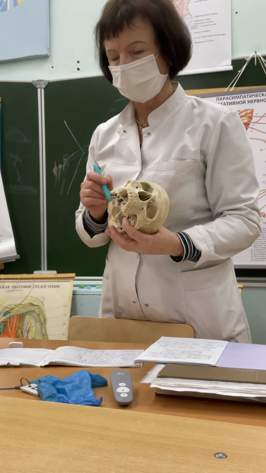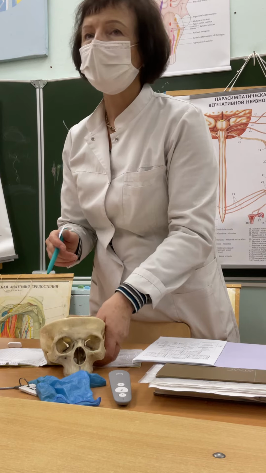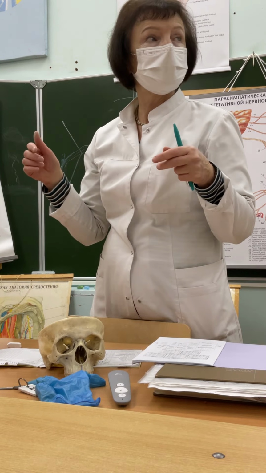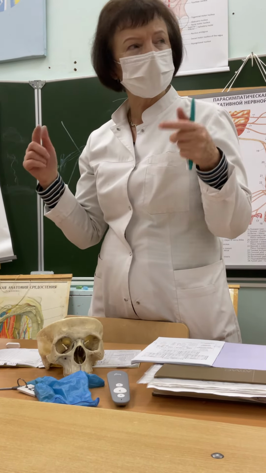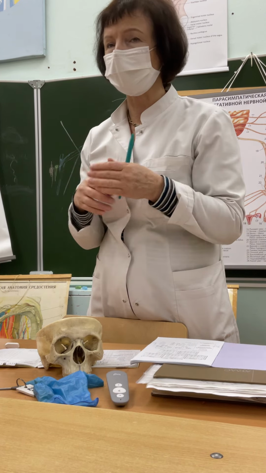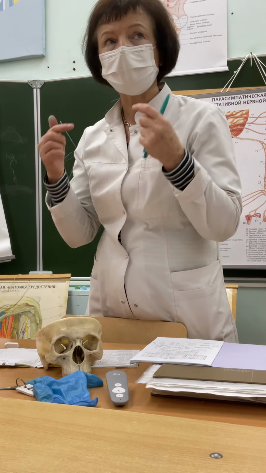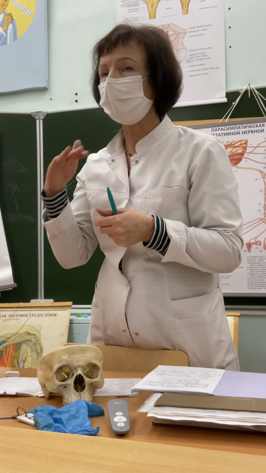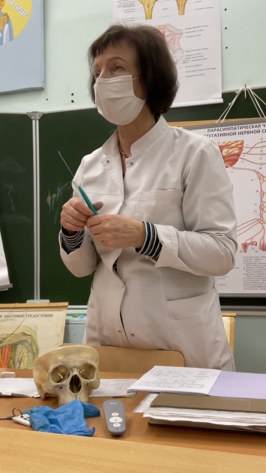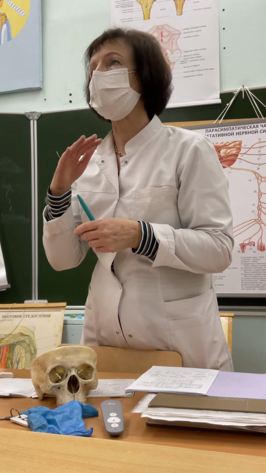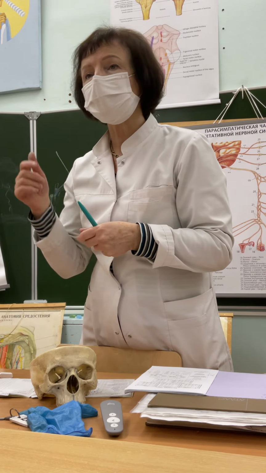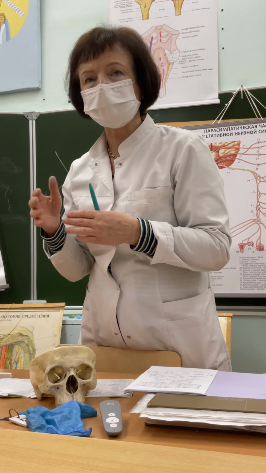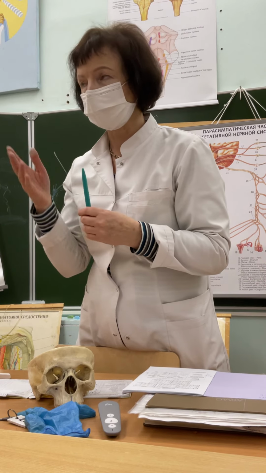The superior laryngeal nerve runs to the larynx, and it has external and internal branches. The external branch innervates just one muscle of the larynx, the cricothyroid, running superficially, and the mucosa up to the vocal fold. Okay, so this is the superior. It also innervates the root of the tongue, as I said, next to the epiglottis at this area.